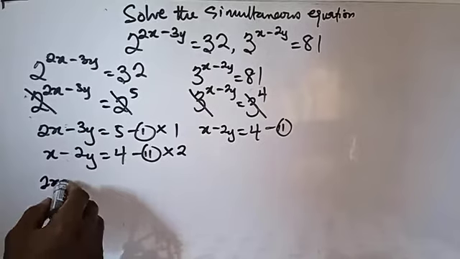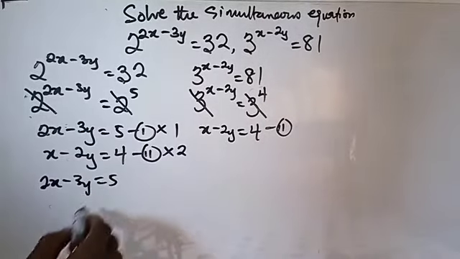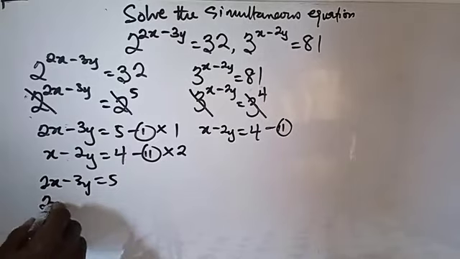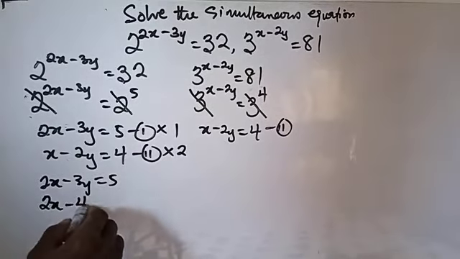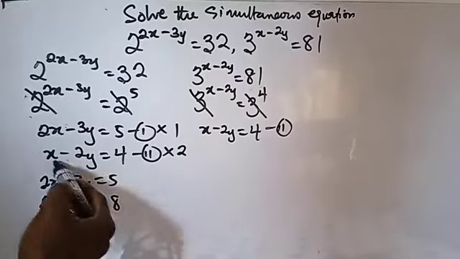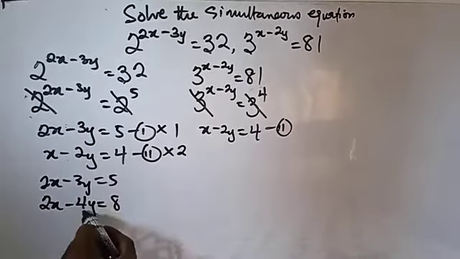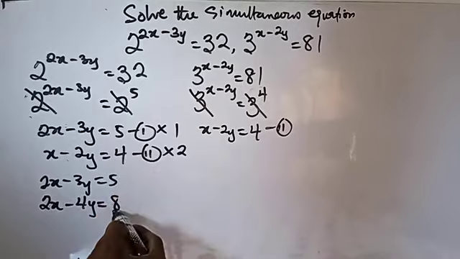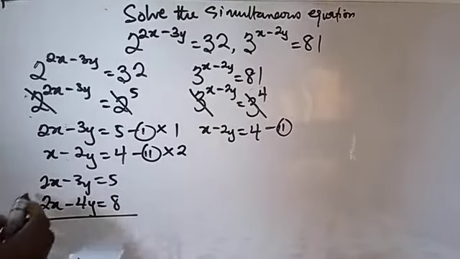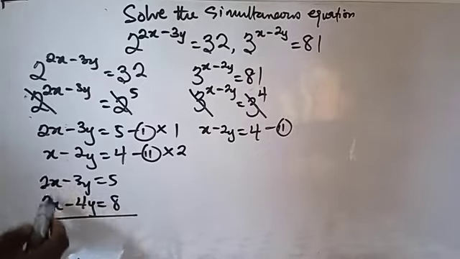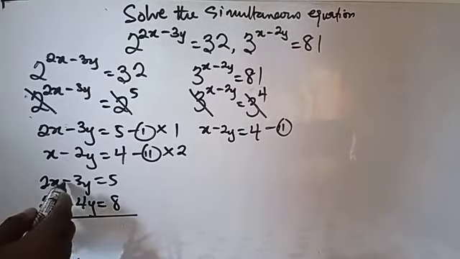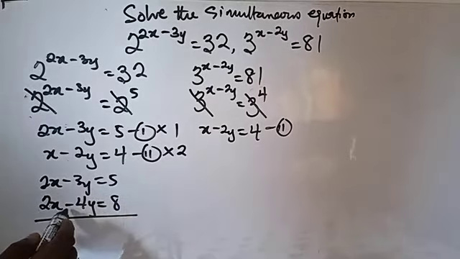Now 1 times minus 3y equals 5. So 2 times x, here you have 2x, then minus 4y, then equals 8, which means 2 times 4, we have 8. Now here we will eliminate. You can see we now have this common term here. Now this minus this will give us 0.